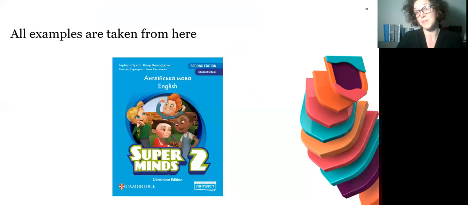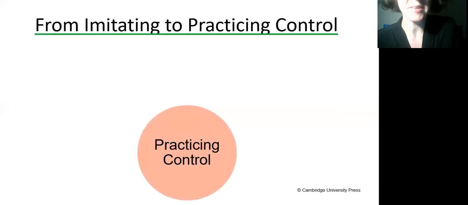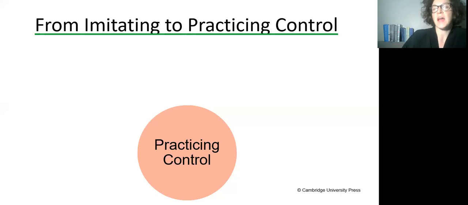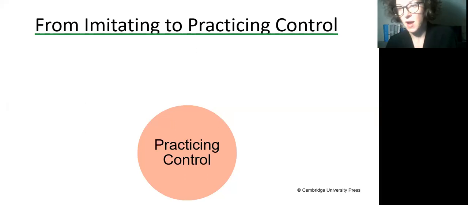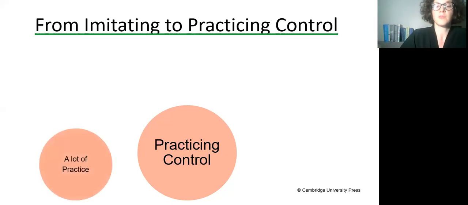Now, all examples are taken from Supermind's Ukrainian edition for the 2nd grade. And we will come back to this book a little bit later. But yeah, what is practicing control? Going from imitating to practicing control, as it was on that triangle. For practicing control, we need a lot of practice.